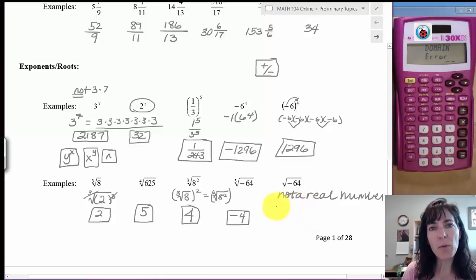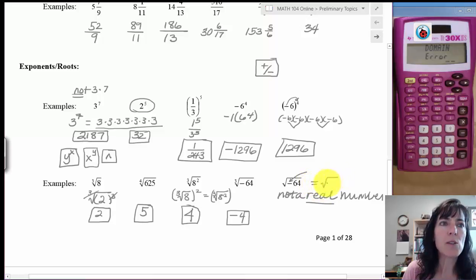And when we say real number in this case, we're talking about the set of real numbers. It is a complex number, and if you remember from Algebra 2 in high school, complex numbers are a result of the negative under a square root. And so we can think of it as the square root of negative 1 times the square root of 64.